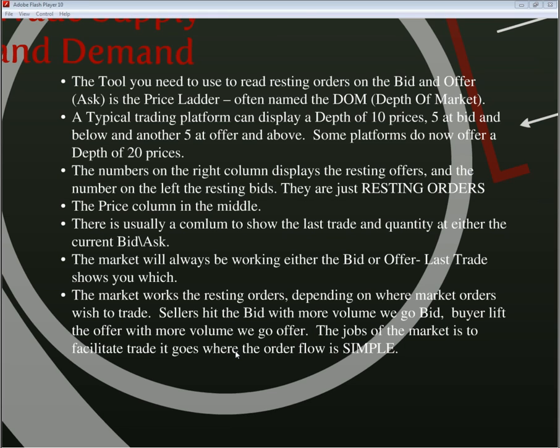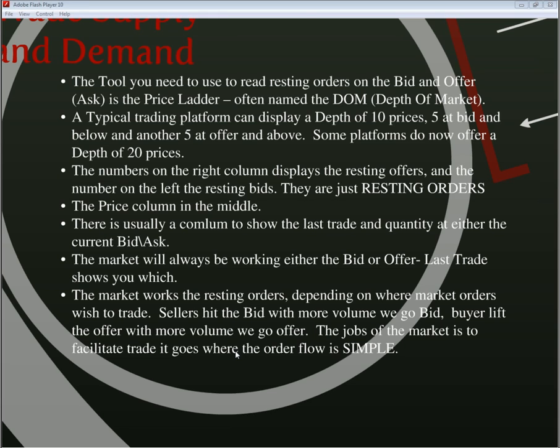The market will only work those offers and bids based upon the order flow that's coming in. So it's working out where the volume is, where the order flow is, who's willing to buy, who's willing to sell, and generally it'll be working the bids and offers based upon where the market feels it is trying to go. The job of the market is obviously to facilitate trade, so it basically goes where the order flow is.